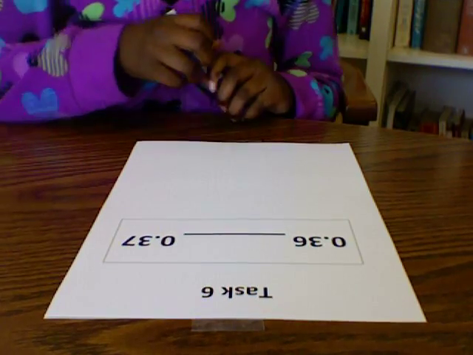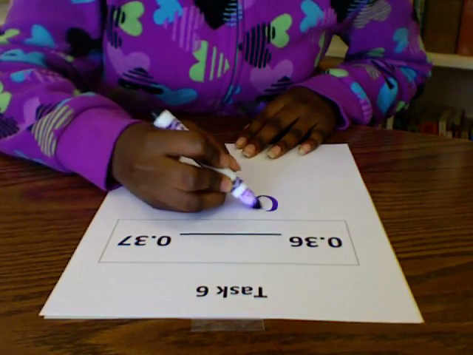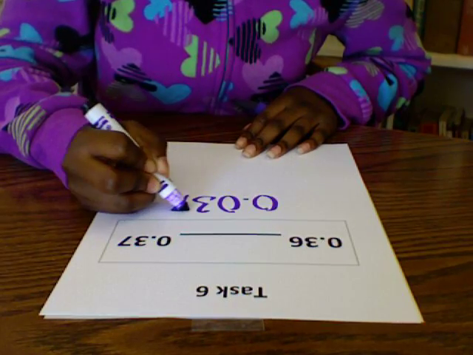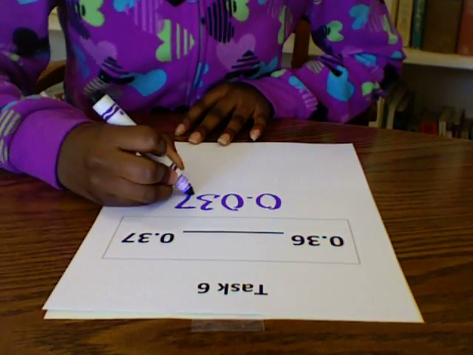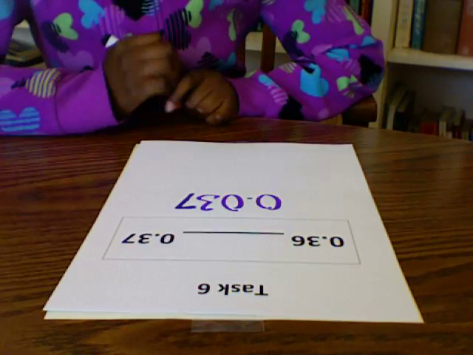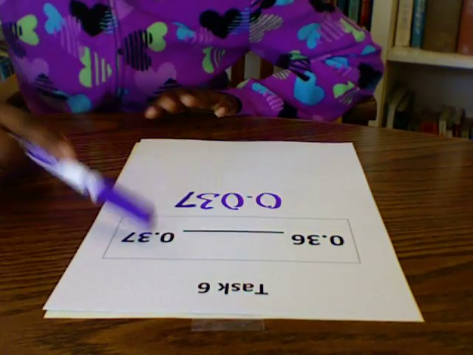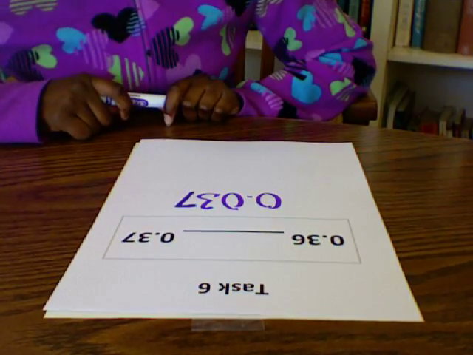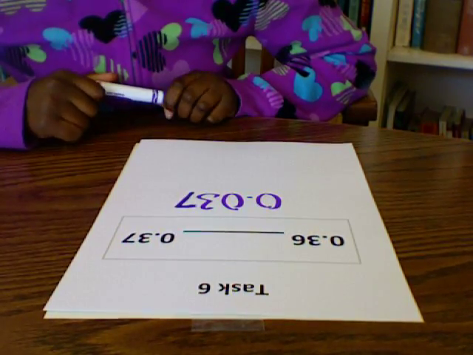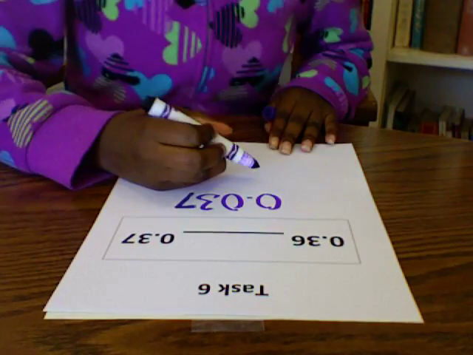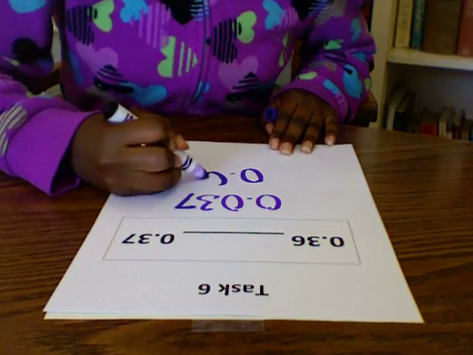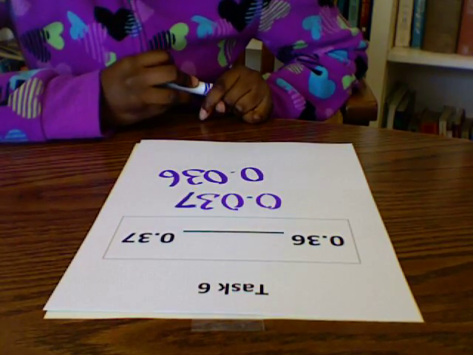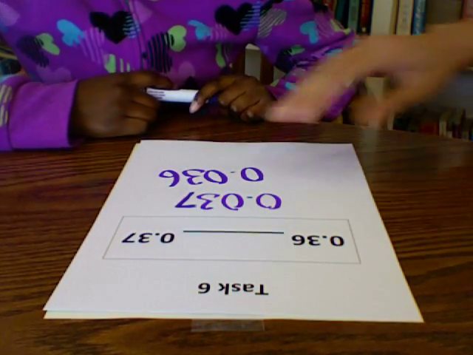Put a 0. And that would be equivalent to what? This. And what does equivalent mean? Equal. Can you show me one that would be equivalent to the first decimal? Gotcha. Okay.